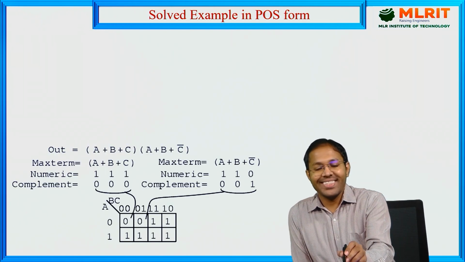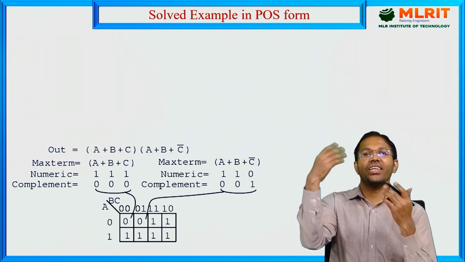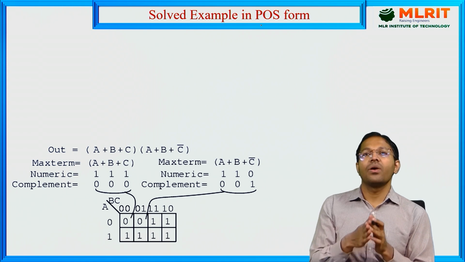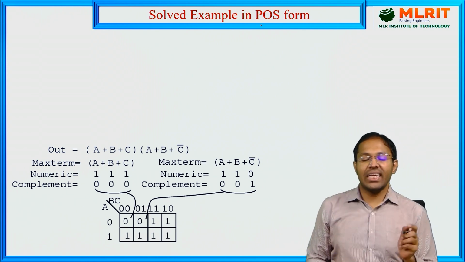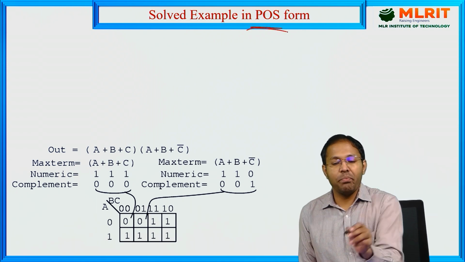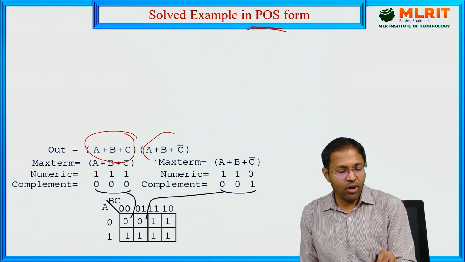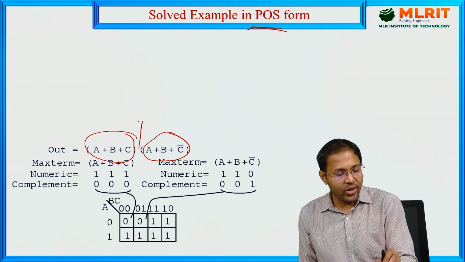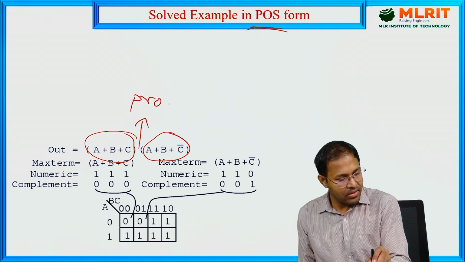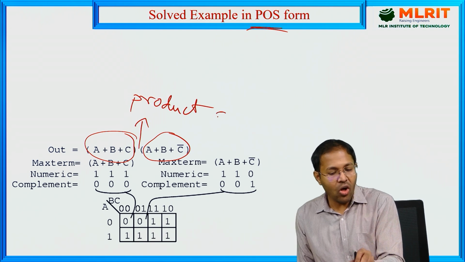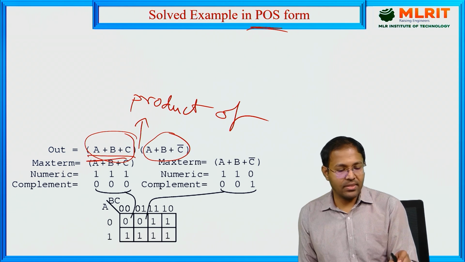Now let us discuss minimization of K-map when the question given is in POS form. So this is POS form. Why is it POS form? Because we have a product of some terms.